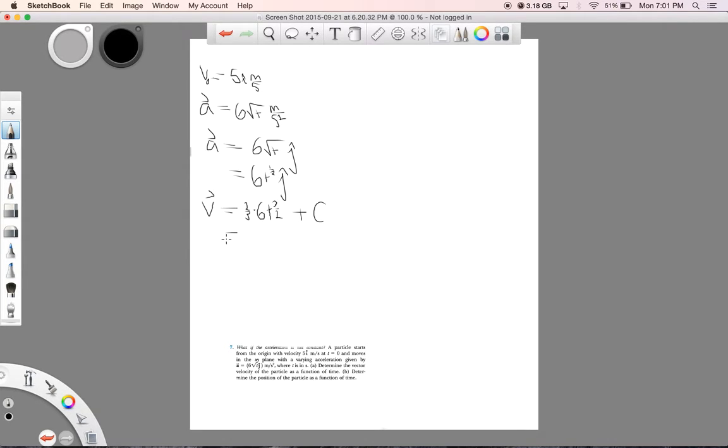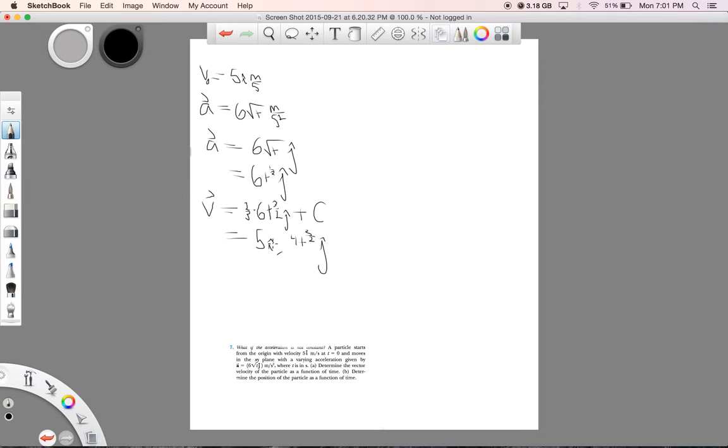So we can simplify it, and that's a j hat direction. So the velocity initial is 5 i hat meters per second, and then the other component would be 4t to the 3/2 power j.